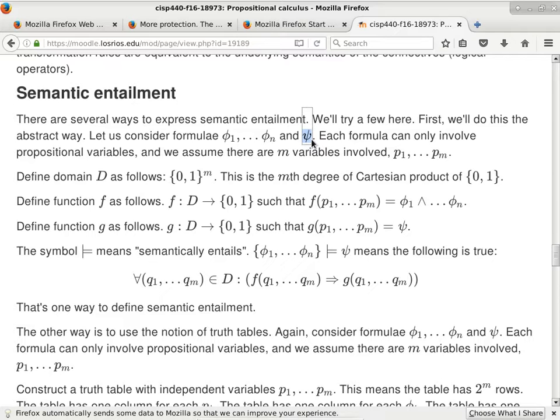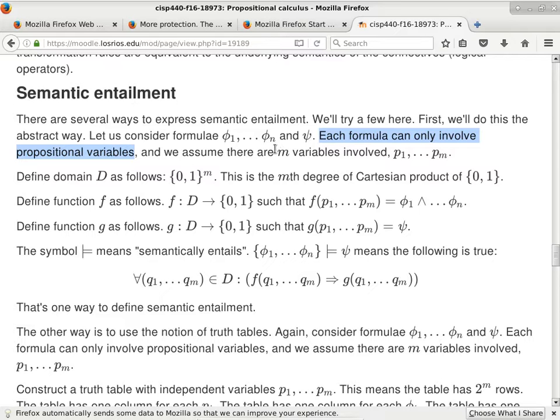They are well-formed formulas. Each formula can only involve propositional variables. In other words, each one becomes a formula that only has propositional variables without schemata. When you expand each one, it becomes like P and Q or R and stuff like that. It does not involve Greek letters once you expand them.